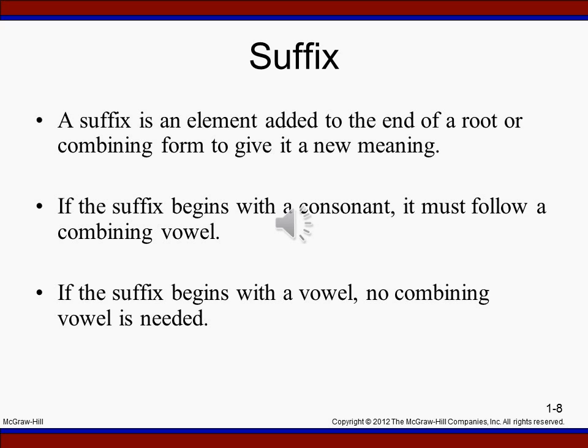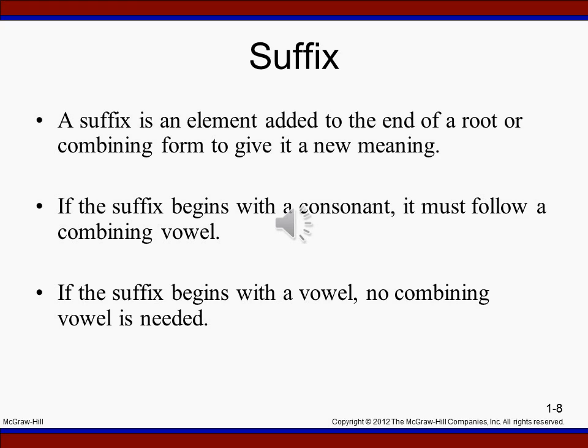Now, if the suffix begins with a consonant, it must follow a combining vowel. So the example here is the word dermatologist. D-E-R-M-A-T/O is the combining form, and then you have the suffix L-O-G-I-S-T.